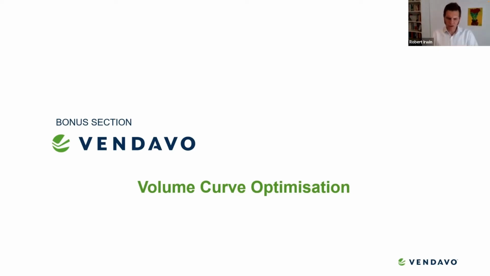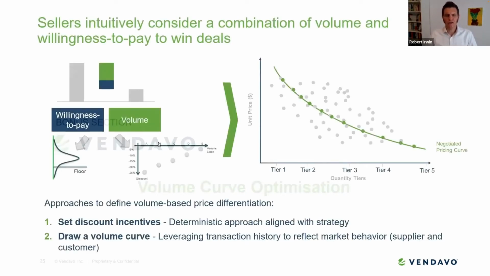And so we have two parts to reflecting willingness to pay. That is the volume part of the deal, and then that willingness to pay part. So the volume curve optimization of Vendavo looks at that relationship between price and volume and uses an algorithm to determine what that price volume curve should look like.